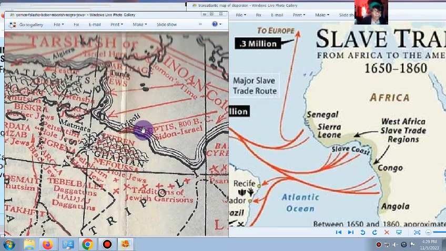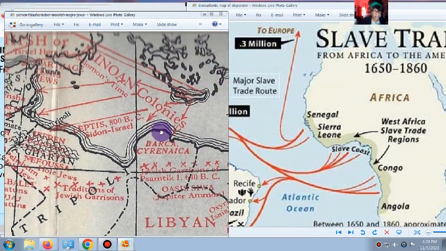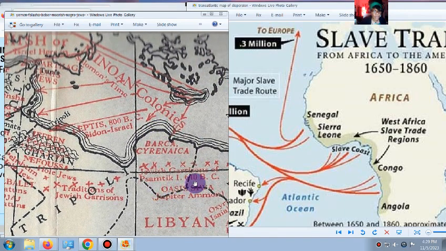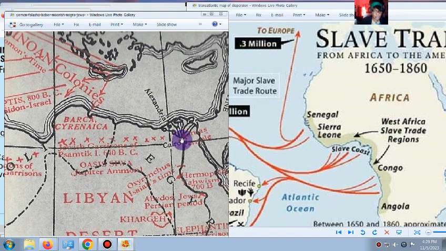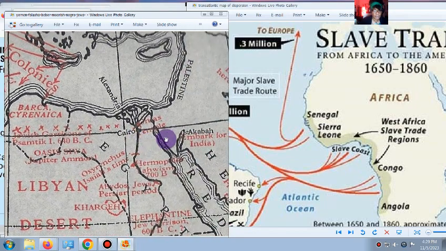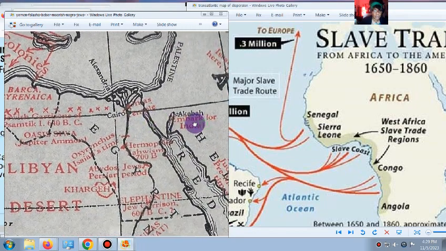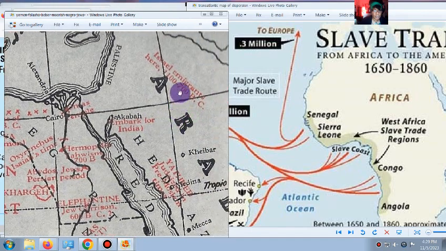It also showed some old dates, where it says Sidon, 800 BC. It talks here about 640 BC. It also talks about the Alexander invasion, when he invaded Africa. It talks about Israelite immigration from 1100 to 700 BC into Africa.